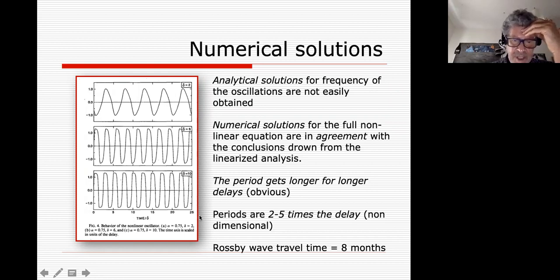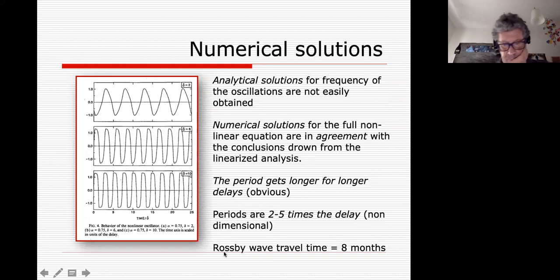The scale is adimensional, so the time is adimensionalized by dividing by delta. If you multiply this by delta, you will see that the dimensional period of this oscillator is longer than this one. And the periods are 2 to 5 times the non-dimensional delay.